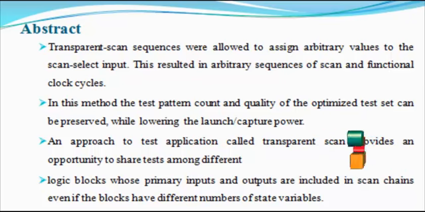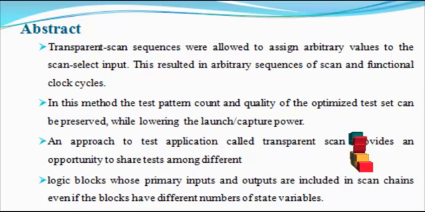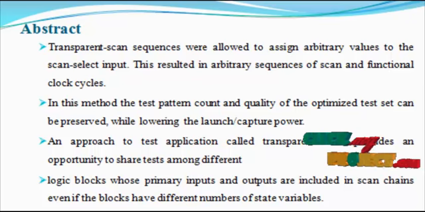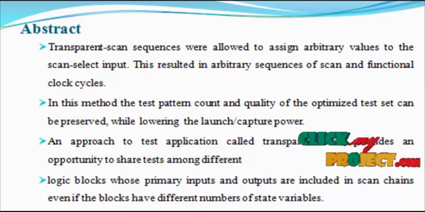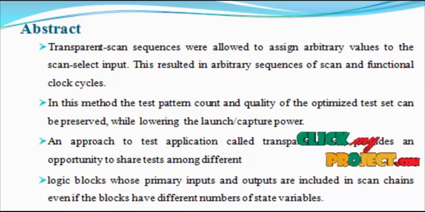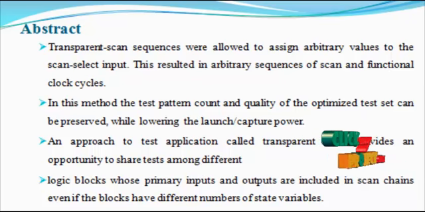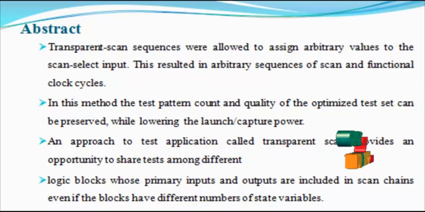A transparent scan sequence for one block is likely to detect faults in other blocks, since transparent scan does not distinguish between the functional and scan clock cycles and allows faults to be detected at all of the clock cycles of the sequence. Such sharing of a test is not possible with conventional scan-based tests, especially when blocks have different numbers of state variables. Transparent scan thus enhances the ability to produce a compact test set for a group of logic blocks.